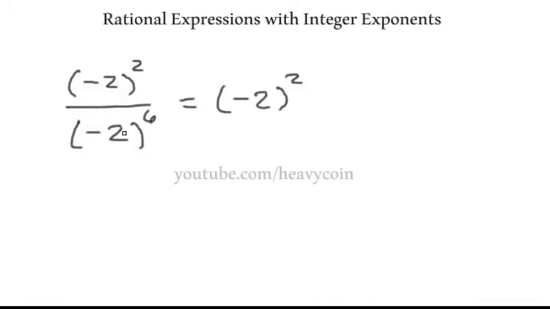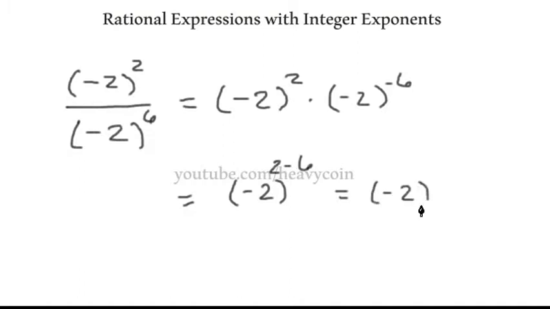We're going to take the denominator and bring it up. Because it's a positive 6, we take it into the numerator, and this becomes negative 2 to the negative 6. And then of course we can add our exponents, and this becomes negative 2 to the negative 4.